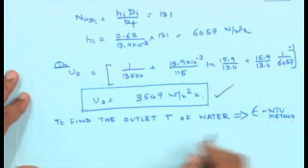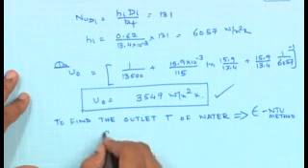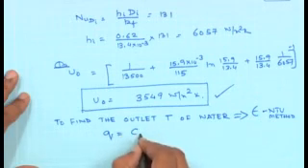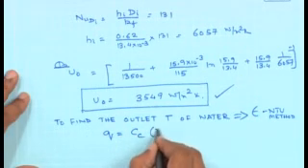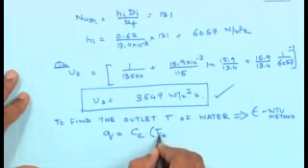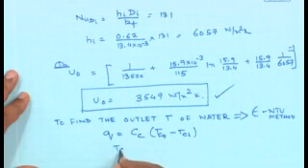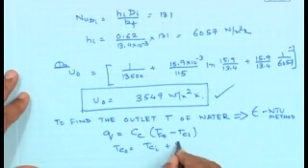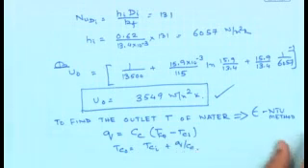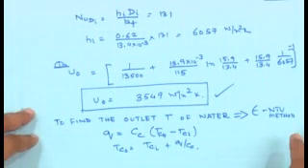So how am I going to use the Epsilon NTU method? The total amount of heat transfer would be Cc times TCO, temperature of the cold fluid at the outlet, minus TCI. So TCO would be equal to TCI plus Q by Cc. So that's the relation which we have to find out.